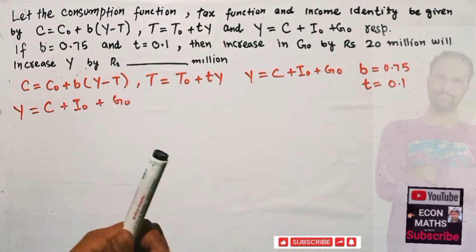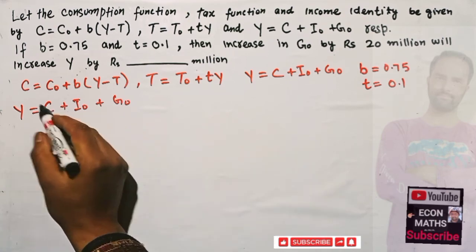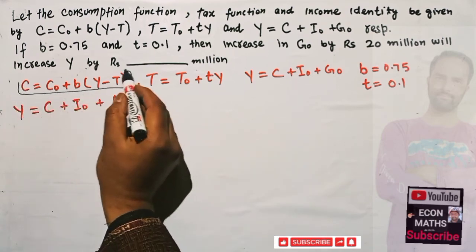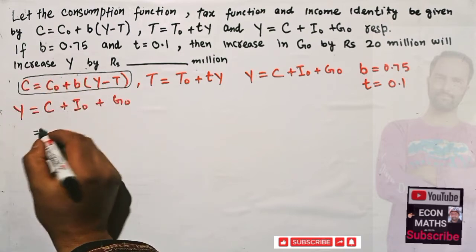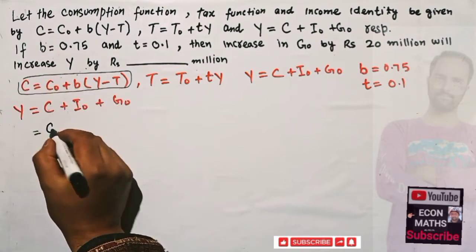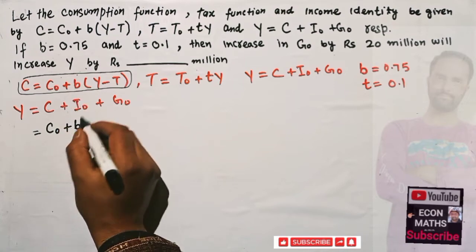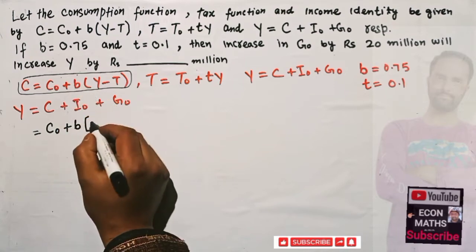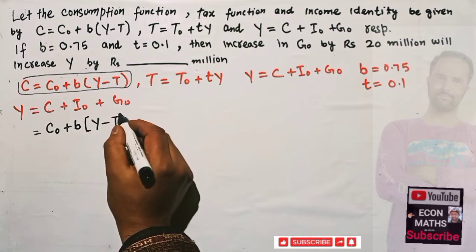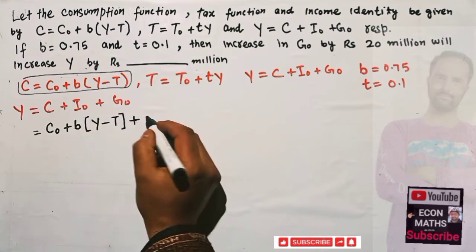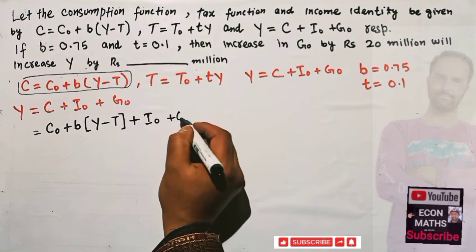So we have C plus I naught plus G naught. Now in place of C I have to write the consumption function. Okay, so we have B times (y minus T), and then we have I naught plus G naught.